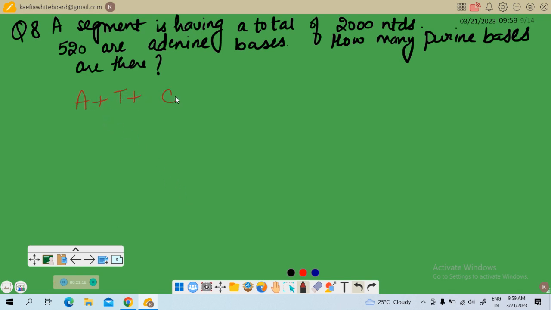Okay, next, a segment has a total of 2000 nucleotides, and out of that, adenine is 520 bases. How many purine bases are there? Purines, that is A and G, they are asking. So similarly A is 520, T is also 520.